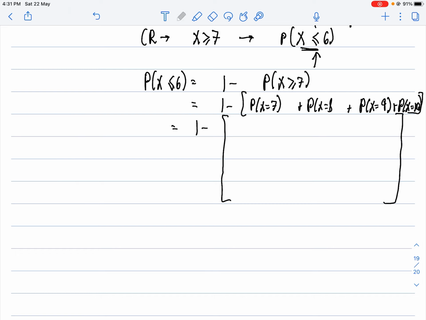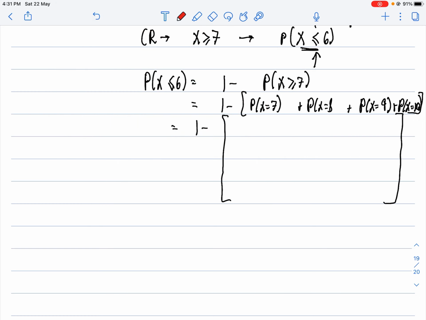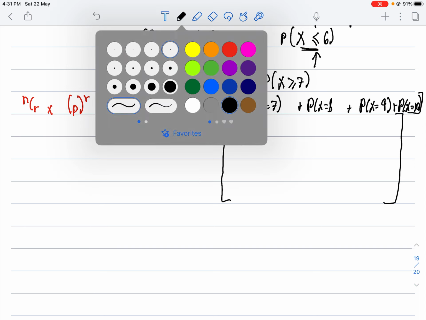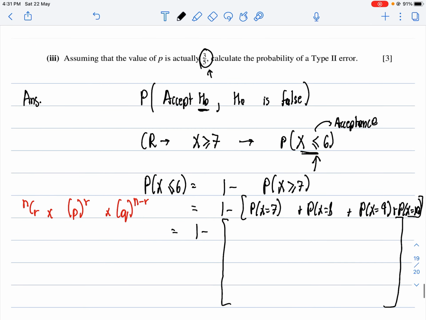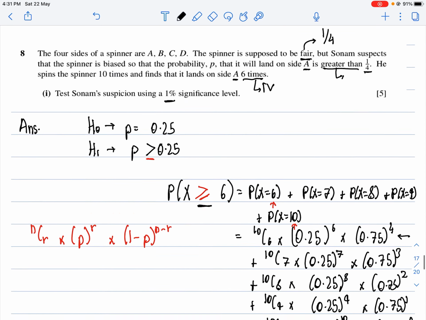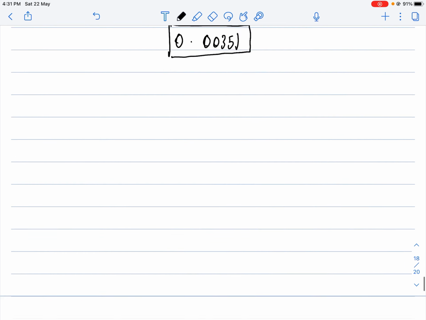Now I know my binomial formula is simply nCr into the probability raised to r into the q, which is 1 minus p raised to n minus r. I can take my n basically as 10 because it was 10 times.